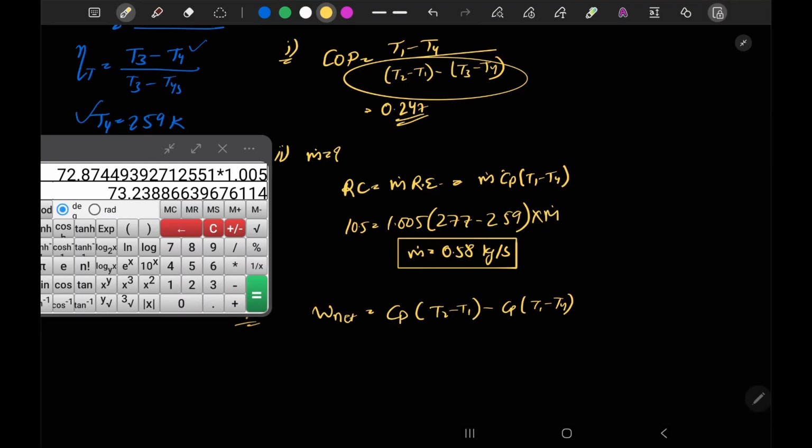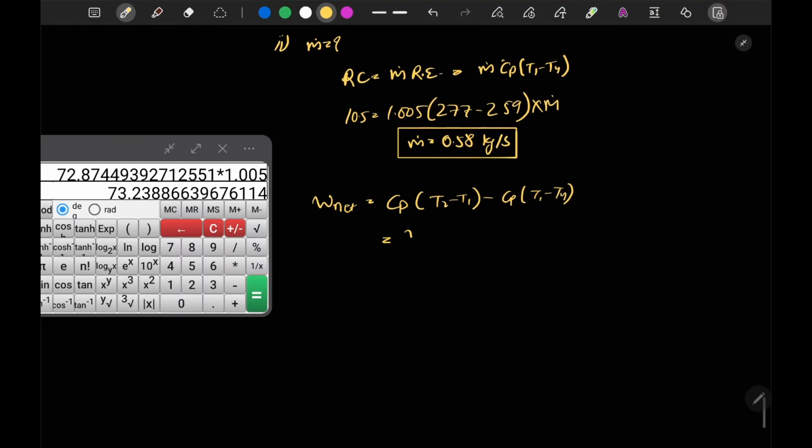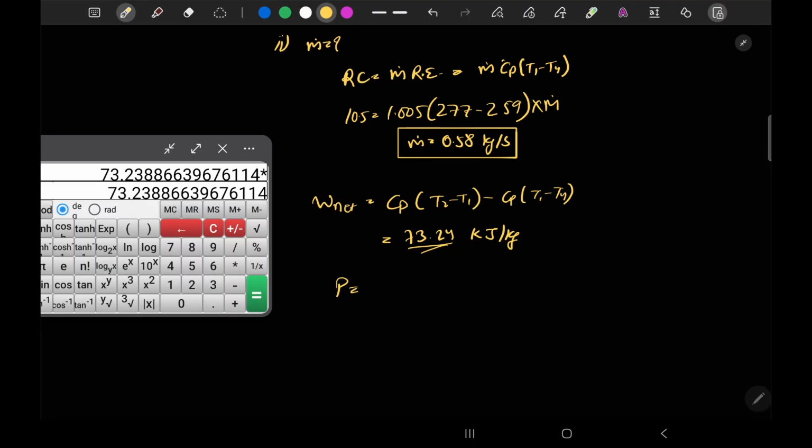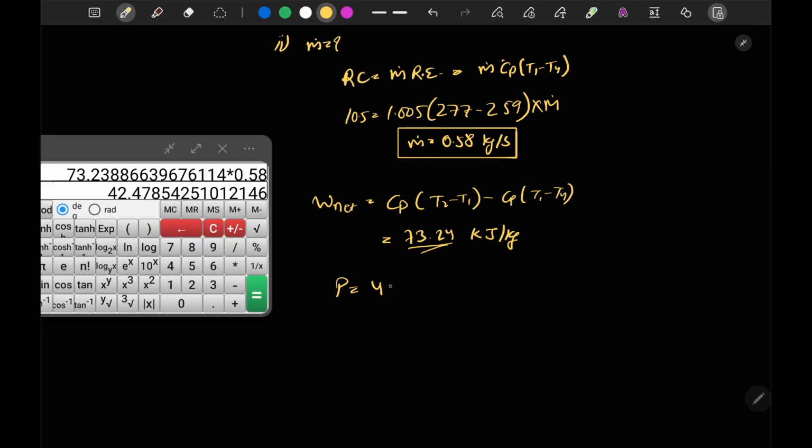Okay, so we obtained W net value to be 73.24 kilojoule per kg. Now if I want to calculate power, it is mass flow rate into work net, so mass flow rate is obtained to be 0.58. So I have obtained power is equal to 42.48 kilowatt.